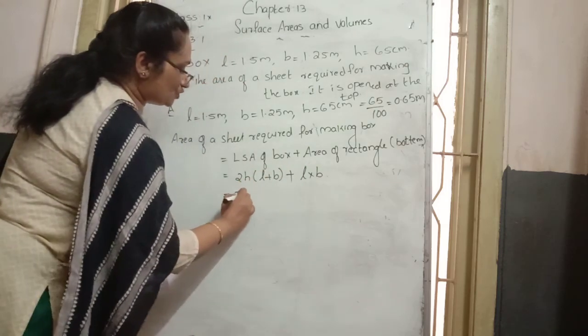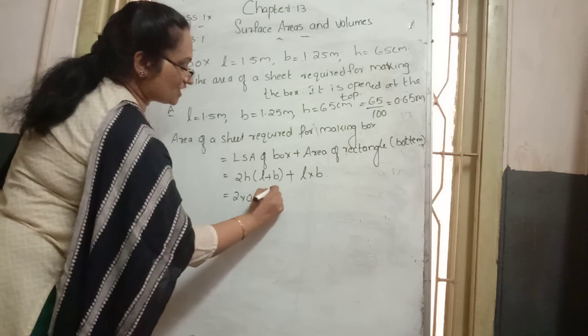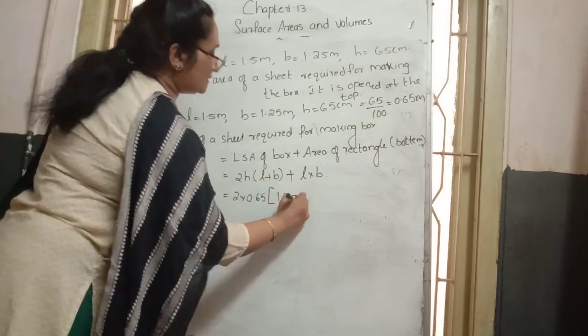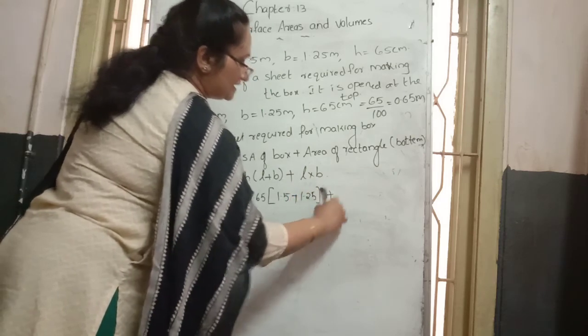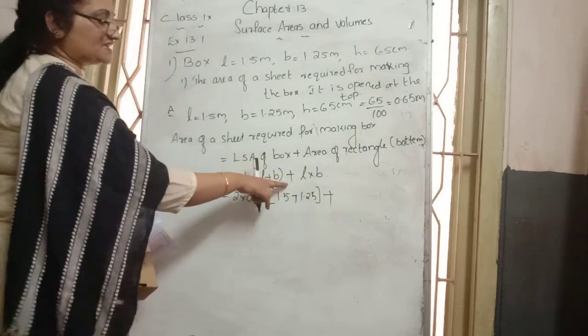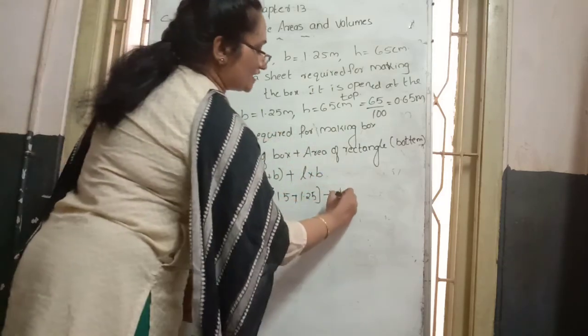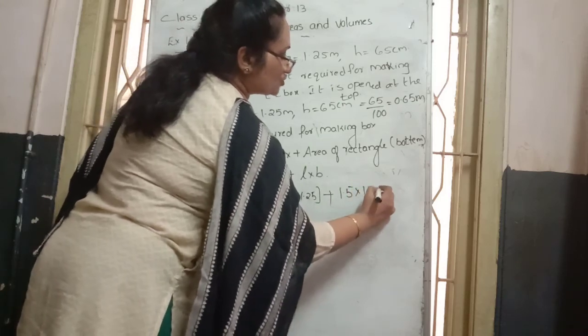Substitute the values. 2 into h, h value is how much? 0.65. Inside the bracket, L value is 1.5 plus breadth value is 1.25. Bracket close, plus second term, length into breadth. Length is 1.5 into breadth 1.25.